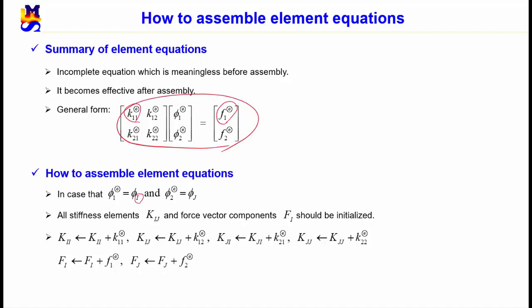When an element is defined by left node I and right node J, K11 for element E should be added to Kii in the total stiffness matrix, K12 for element E to Kij, K21 for element E to Kji, etc. F1 for element E should be added to Fi, and F2 for element E should be added to Fj.